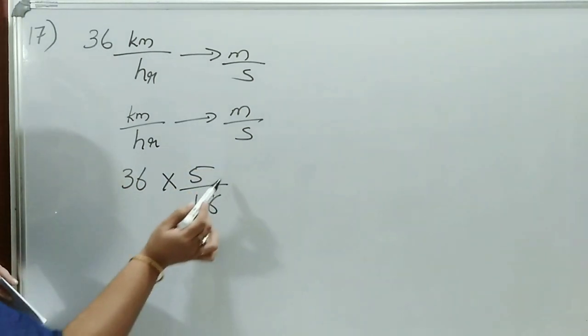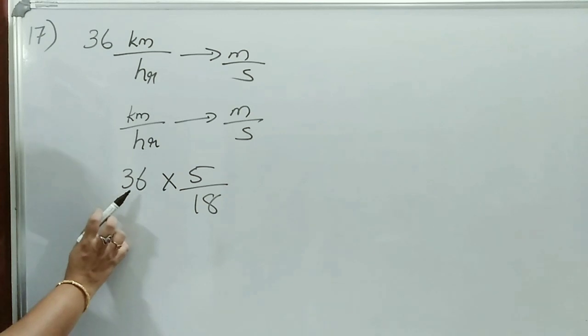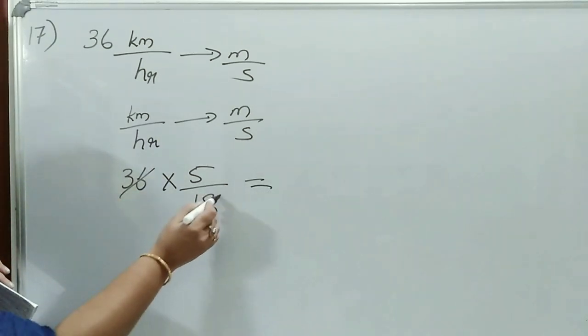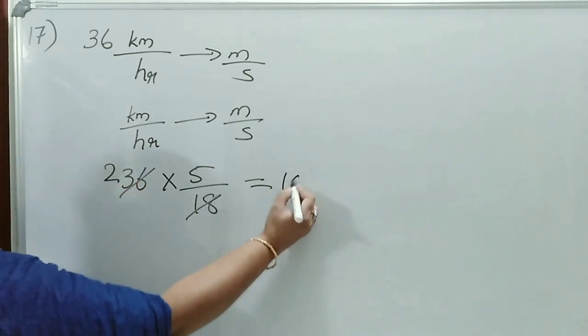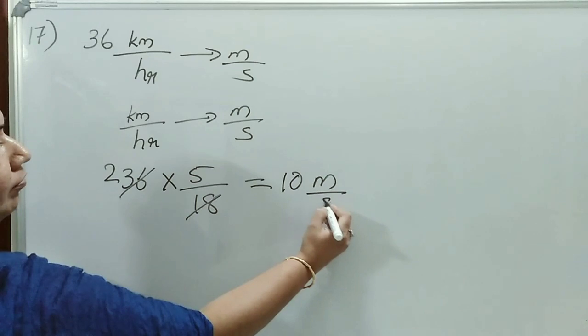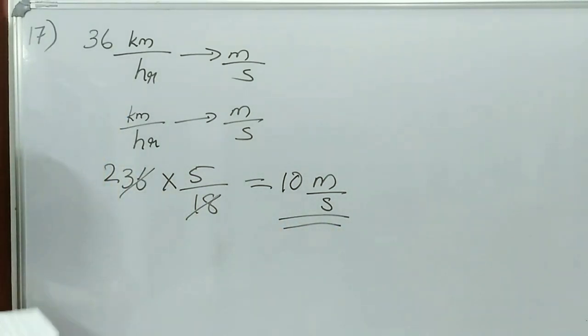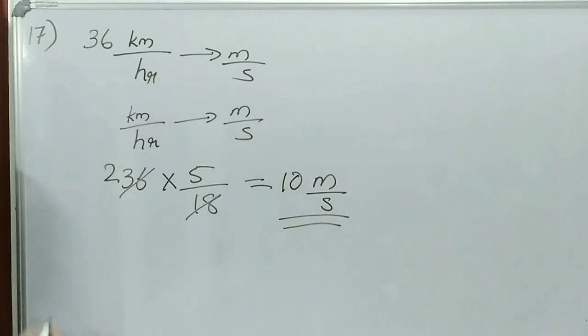If you have any doubt why I took this 5 by 18, refer to question number 14. We can cancel it: 18 2s are 36, 5 into 2 is 10. So easily we got 10 meter per second. So 36 kilometer per hour is also known as 10 meter per second.